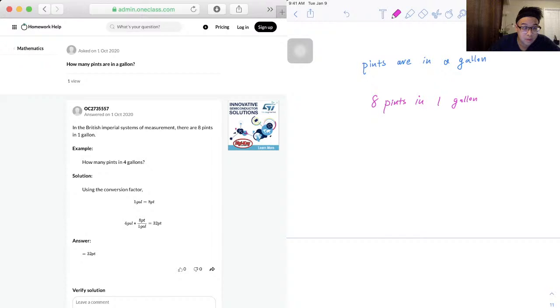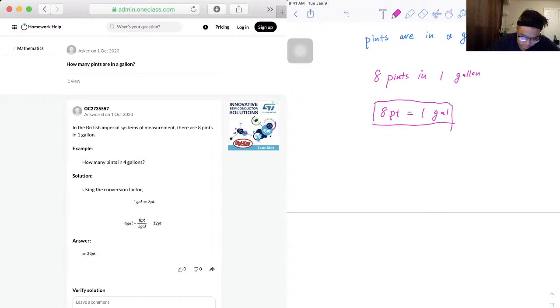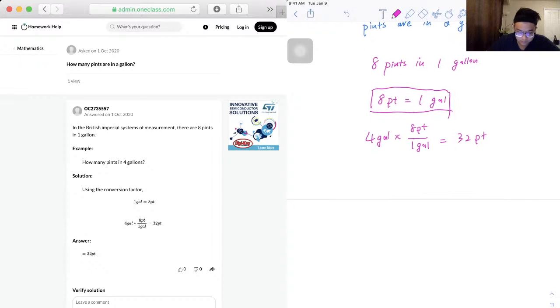Or we can also rewrite it in the form of our conversion factor, which is 8 pints is equal to 1 gallon. Right, so that's our conversion factor. If we want to find out how many pints in 4 gallons, we just need to do 4 gallons times 8 pints over 1 gallon, and this is going to be equal to 32 pints.